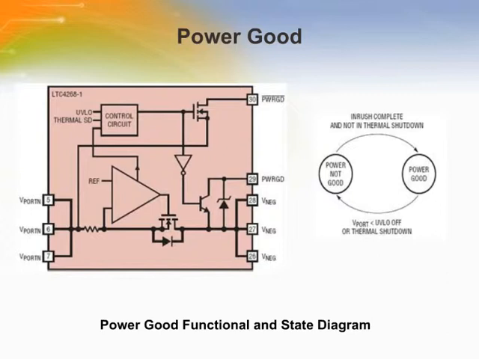The active high power good pin is controlled by an open collector transistor referenced to VNEG, while the active low power good pin is controlled by a high-voltage open drain MOSFET referenced to V-port N. The power good pin is designed to interface directly to the undervoltage lockout pin with the aid of a pull-up resistor to VCC.